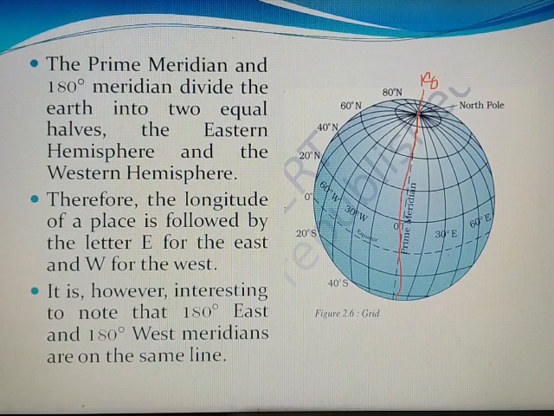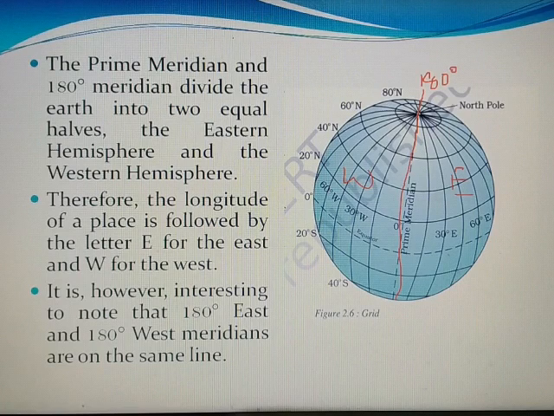So the prime meridian and 180 degree divide the earth into two equal halves. This side is called the eastern hemisphere, and this side the western hemisphere. Therefore, the longitude of a place is followed by the letter E for east and W for west.